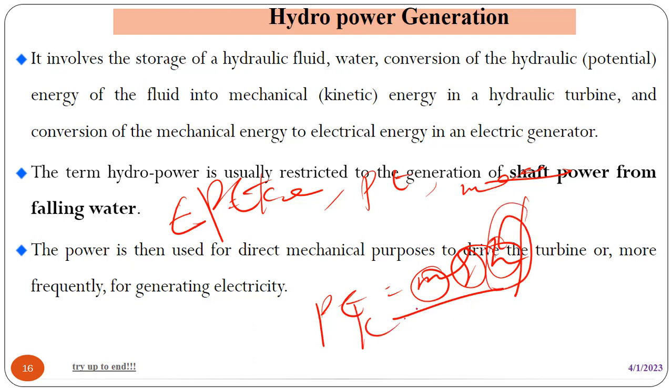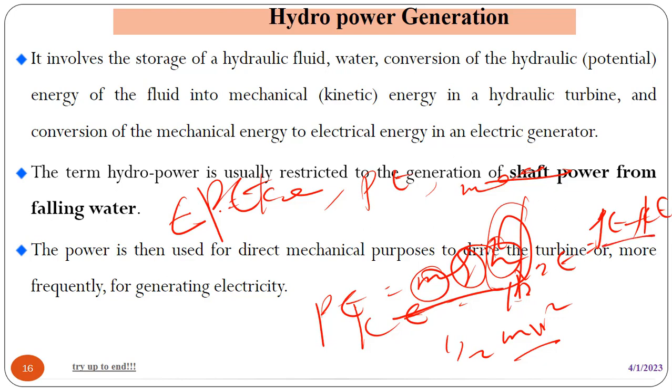And there's kinetic energy, half m v squared, and the mechanical energy is the sum of the potential energy plus kinetic energy. So the power is then used for a direct mechanical purpose, drives the turbine, or more frequently is used for generating electricity.